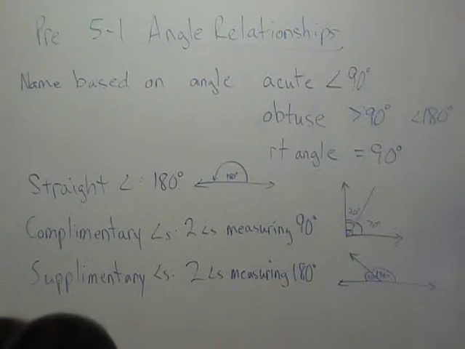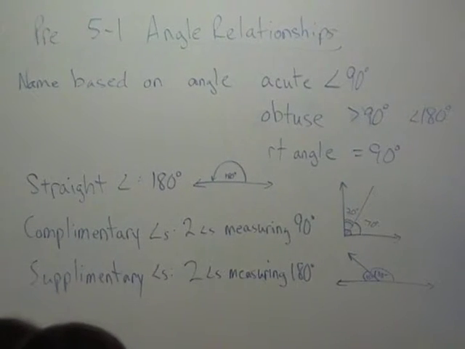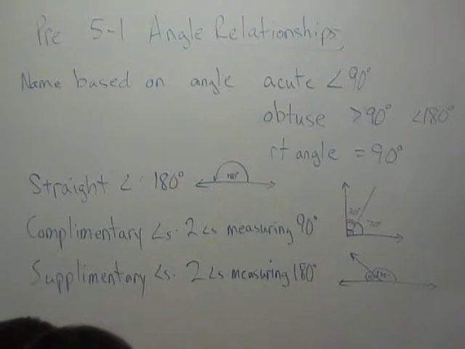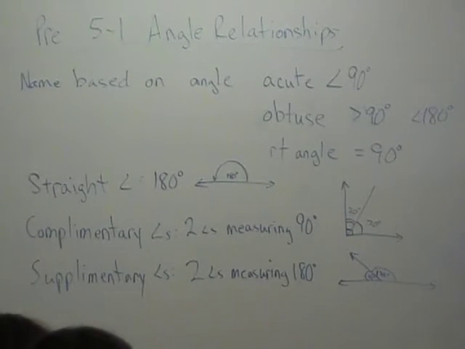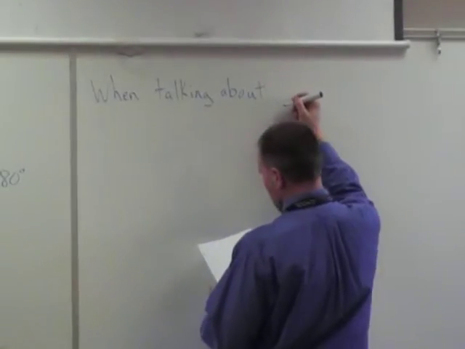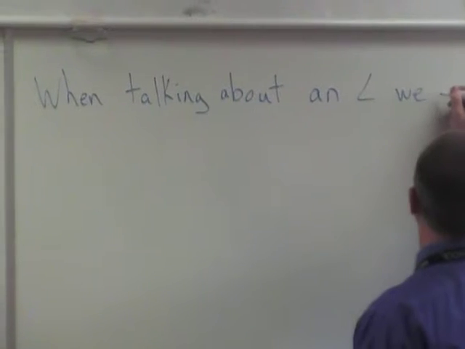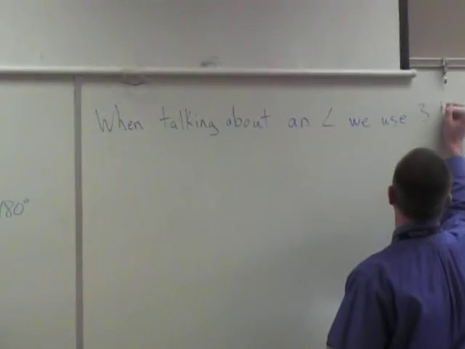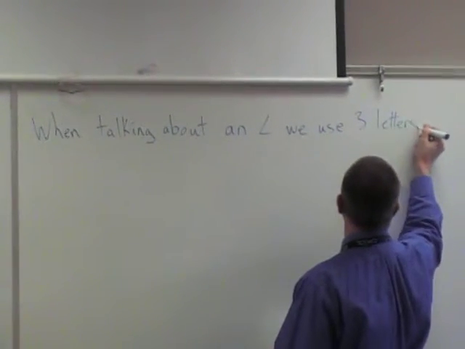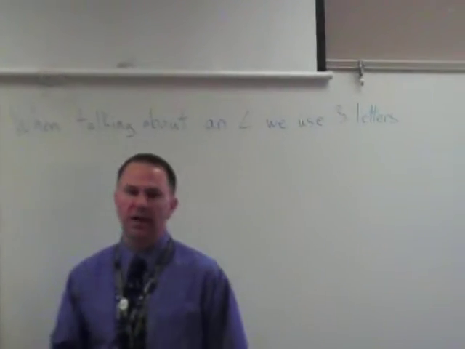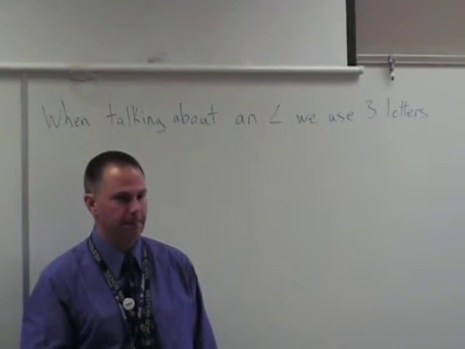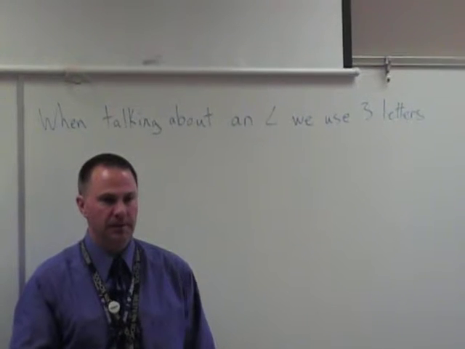Now, this is important for your geometry class and what we're going to do in this chapter. When talking about an angle, we use 3 letters, unless it's obvious which angle you're talking about. So here's an example.